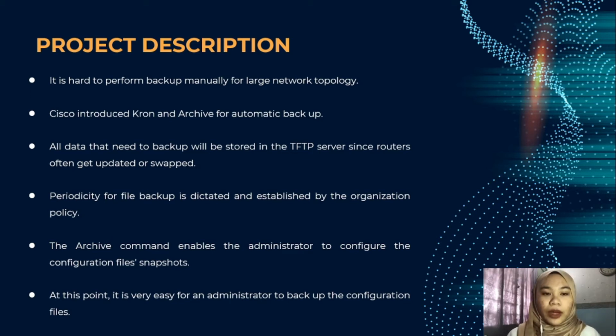The archive command was then introduced into Cisco IOS that enables the administrator to configure configuration file snapshots. The network configuration files are important to compare and validate configurations between devices. In case of any damage to equipment, configuration files could be used to restore the network's operational state. At this point, it is very easy for an administrator to back up the configuration files.